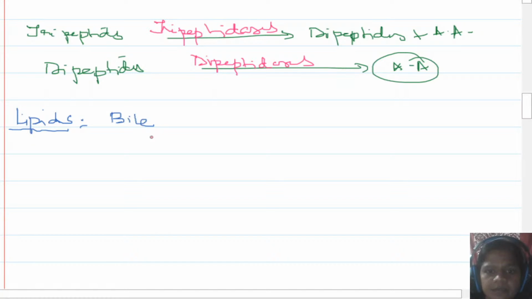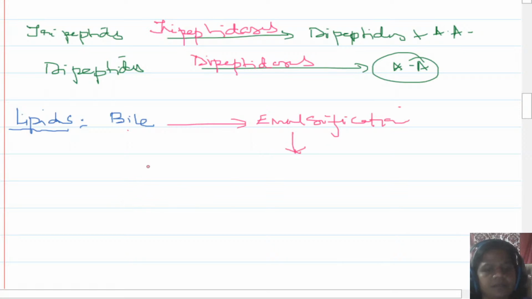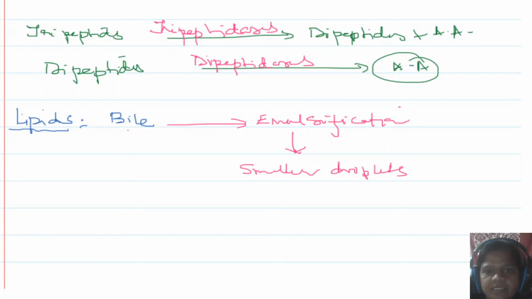This emulsifies fat. Now, what is emulsification? Emulsification is nothing but the breaking down of lipids into smaller droplets called micelles.